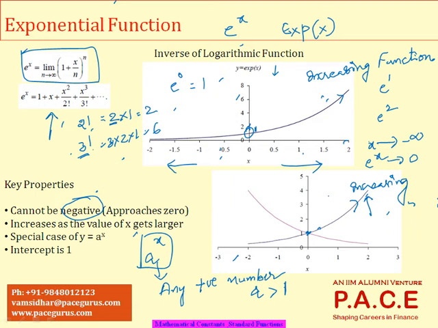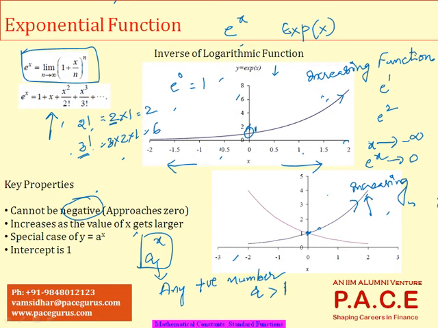But otherwise, for any general function of the form a to the power of x, where a is a constant greater than 1, the graph will be more or less similar to that of e to the power of x, in the sense it's an increasing function.